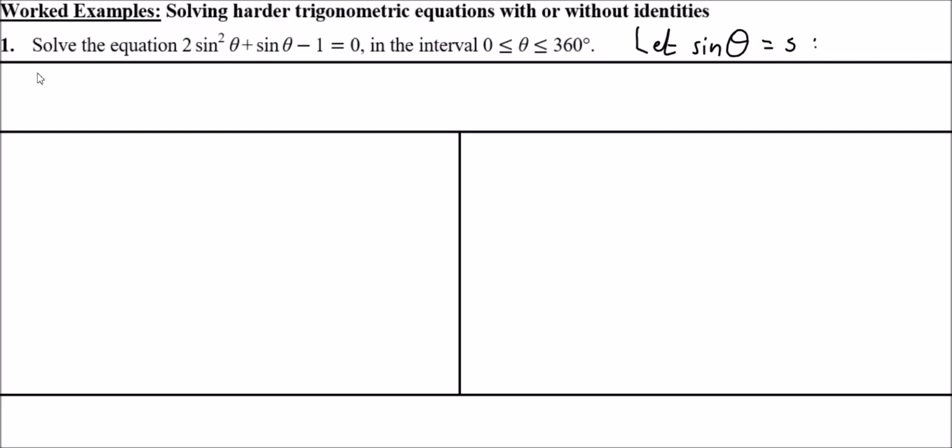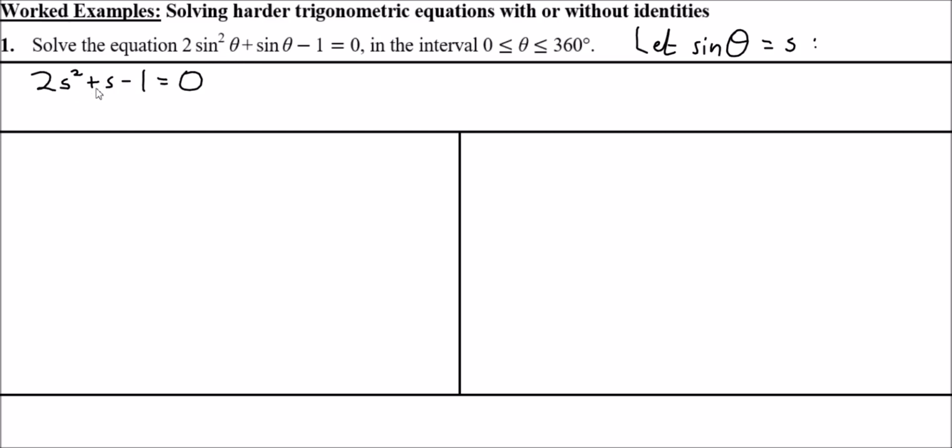Then what we have here is 2 lots of sine theta all squared, which is 2s squared plus s minus 1 equals 0. Not only does it read easier and is simpler to write, but it makes it much more apparent to us that what we're dealing with here is a hidden quadratic. This is a quadratic equation within sine theta.